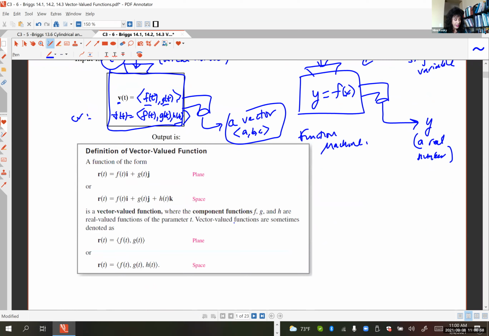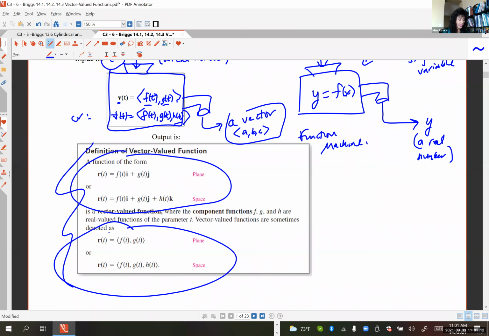And down here is the definitions where they're showing you, here is the vector valued function written as linear combinations of i, j, and k, or you can give the vector valued function in component form, whichever you prefer. Now, you know me, I prefer component form, and I've told you already why I prefer it.